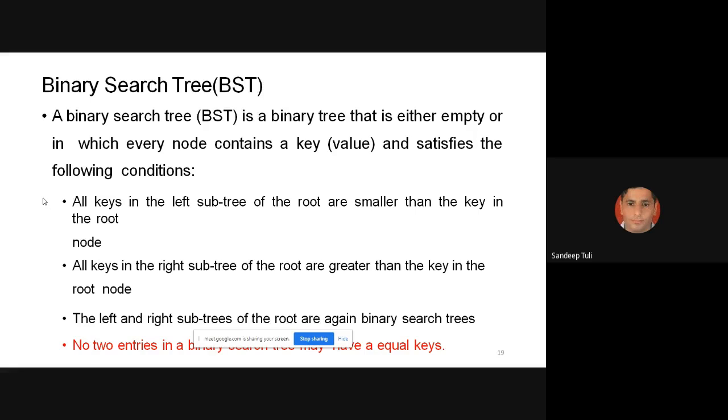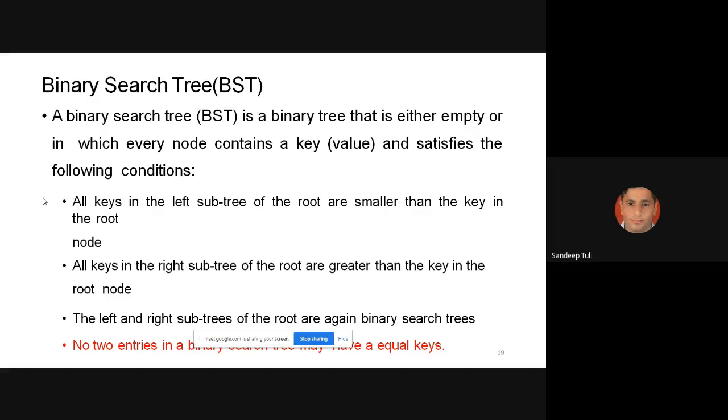It's a specific kind of binary tree. We can say a subcategory of binary tree with some specific features. Now the features could be: a binary search tree is a binary tree that is either empty or in which every node contains a value and satisfies the following conditions.